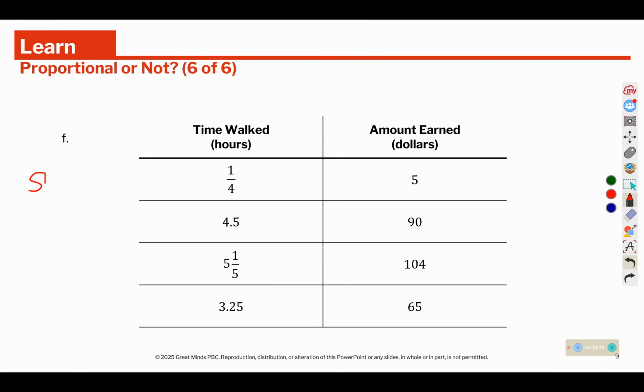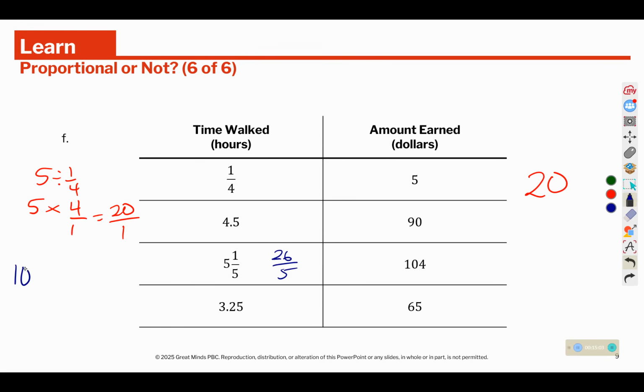5 divided by 1/4. We leave, change, and flip it over. 5 times 4 is 20, and then there's that 1 underneath. For this one, the fraction 5 times 5 is 25, plus one more makes 26 fifths.